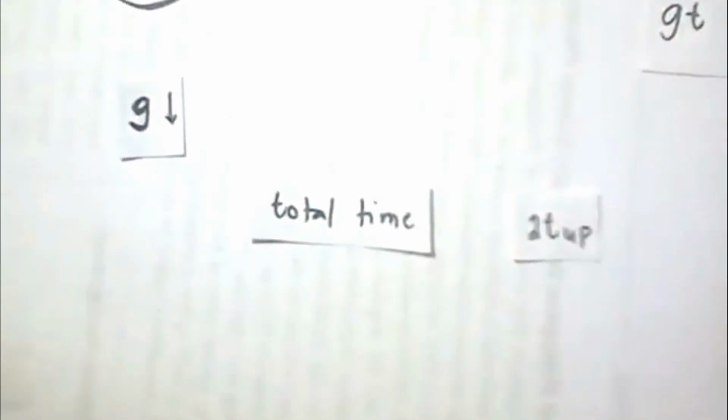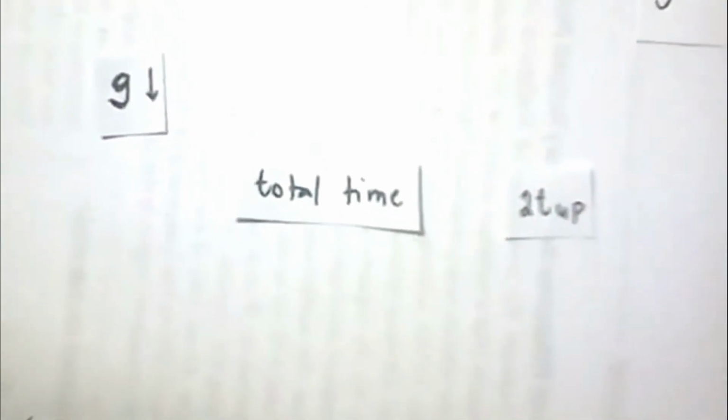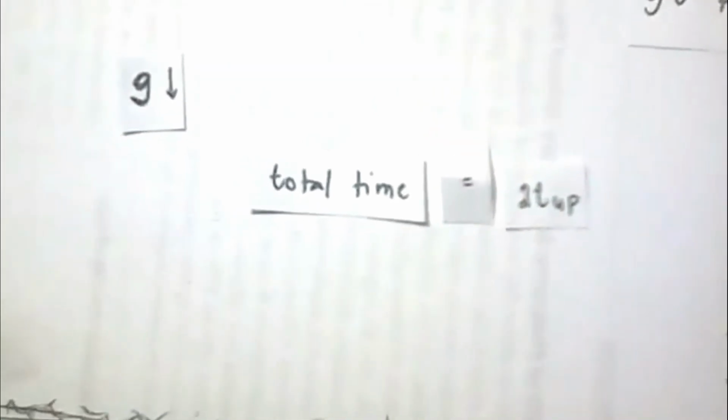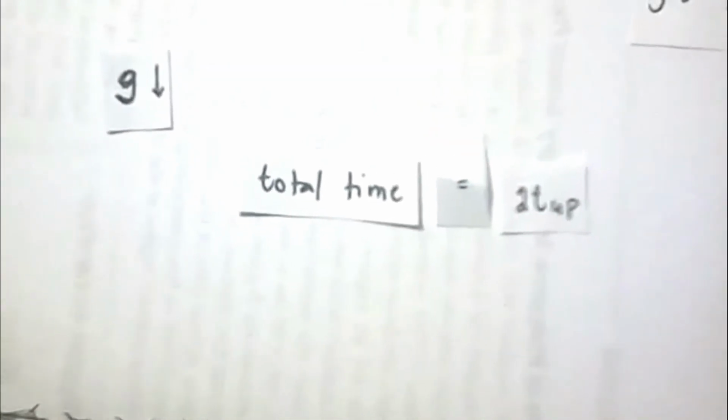So the total time of travel is equivalent to twice the time it needs for the ball to get up. So that's our formula: total time is equivalent to 2 t up.